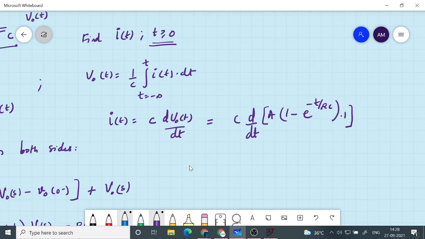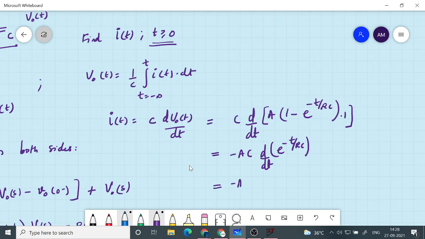Okay, so this current, if you try to find out, the first term is a constant, so when you take the derivative it will become 0, whereas the second term is an exponential, so only that term will survive. So A into C d by dt, and there is a minus sign, and then e raised to minus t by RC. So this is what we will get.